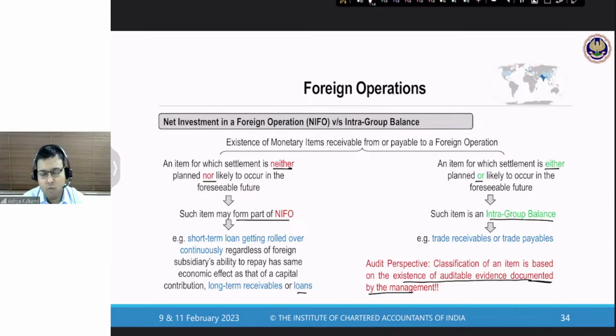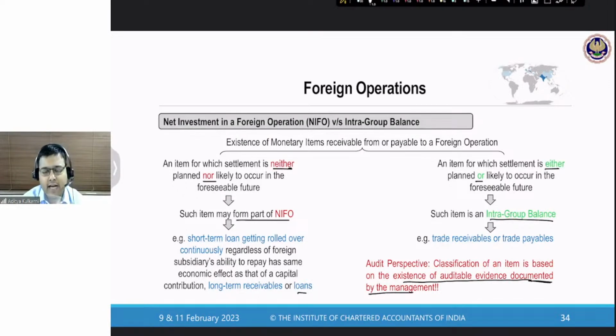The contract was so worded that we could not even dispute the terms of the contract by saying it contains a lease. It was structured in such a way that I am operating as an entity in my customer's premises, and in the customer's premises I have my own plant, machinery, expansion, everything is going on.